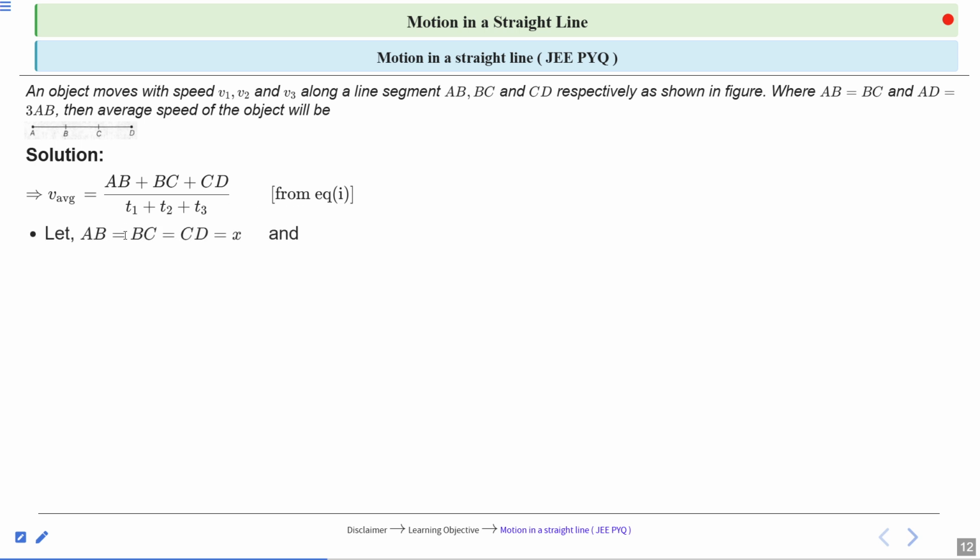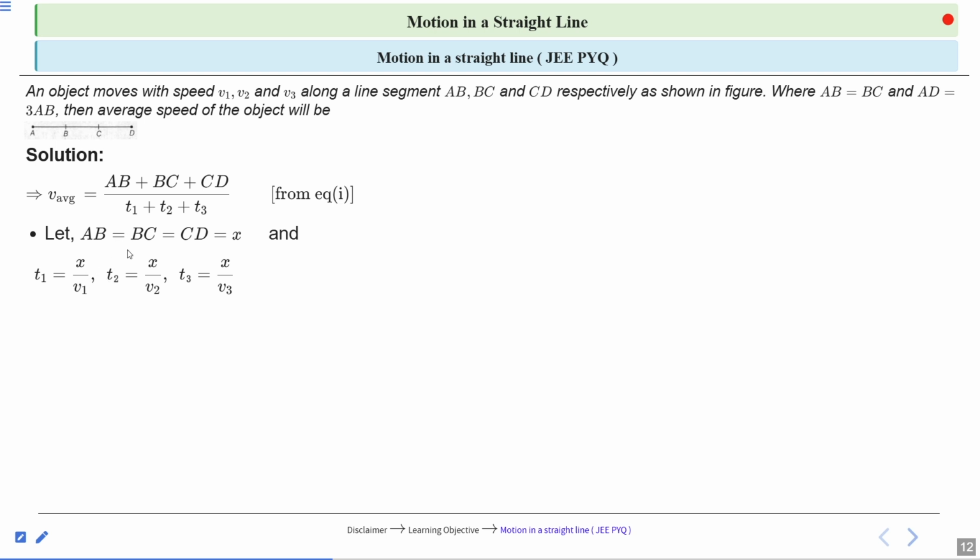Let AB equal to BC equal to CD equal to x. These are the line segments and we consider these are equal to x. And T1 is equal to x divided by v1 for the first line segment.